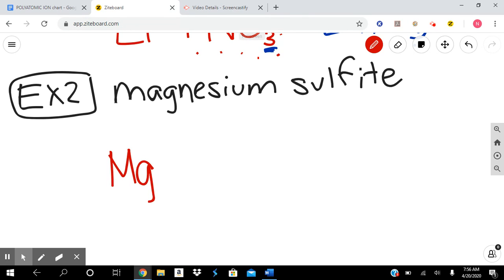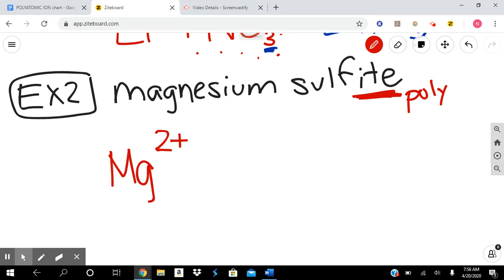All right, magnesium is in group 2, so its charge is 2+. Okay, well now we have sulfite, and the ending is a little different. Sulfite is a polyatomic ion. So we're going to use the chart.